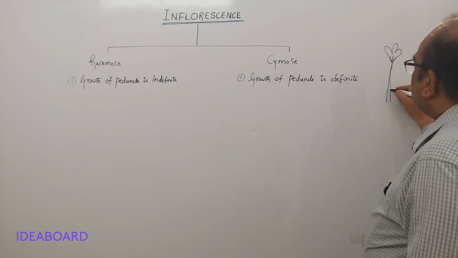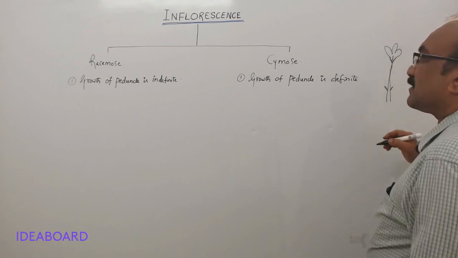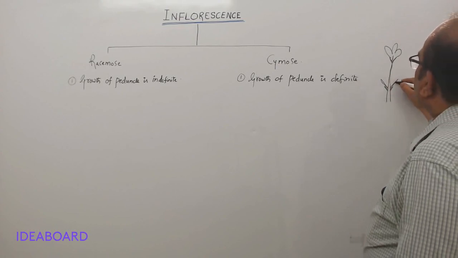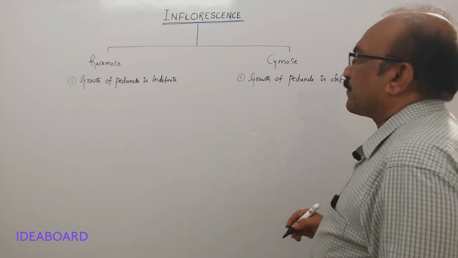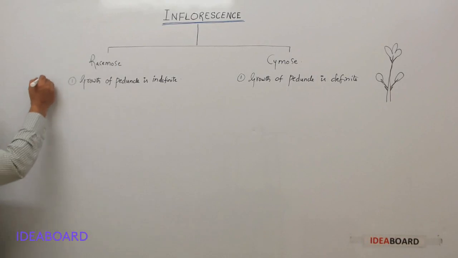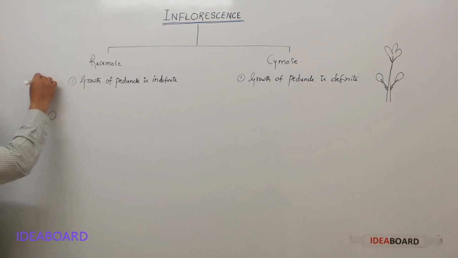If any more flowers have to be produced, they will be produced below it but not above it. So one more flower, let us say like this. Whereas here the growth of the peduncle is indefinite because the terminal bud of this peduncle is not modified into a flower. So while it is growing, it goes on producing flowers continuously.